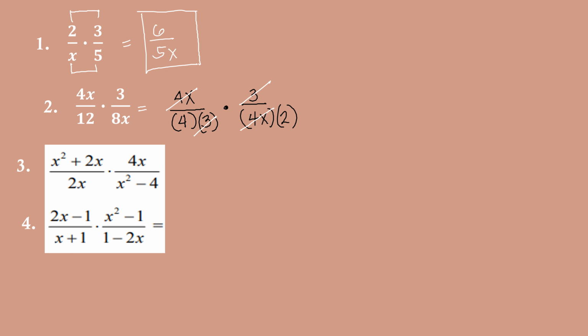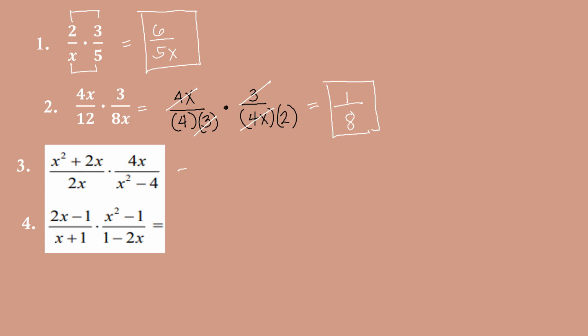So the remaining product: the 4x and 4x are already cancelled, and the remaining here is an understood 1, over 4 times 2, which will be equal to 8. And that 1 over 8 is already our final product.